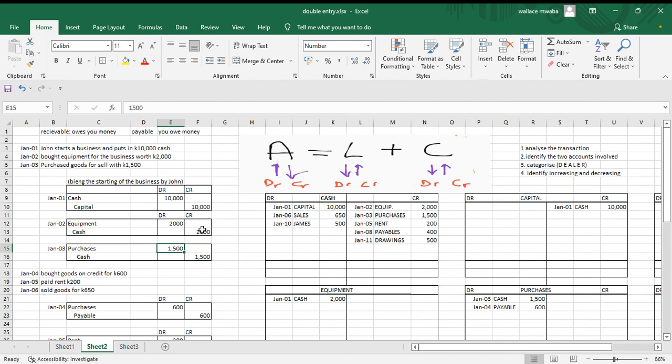Then for the cash account, we are paying for these goods, so we have a decrease in our asset. A decrease in an asset is credited. So we debit the purchases account 1,500 and we credit the cash account 1,500.